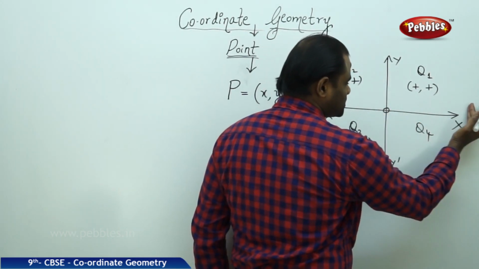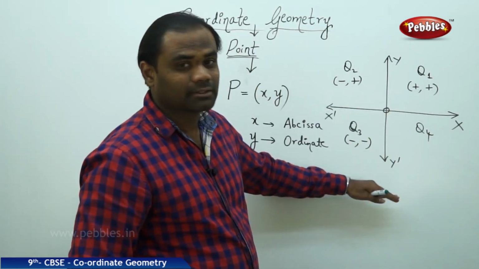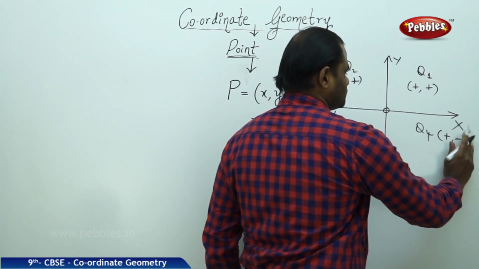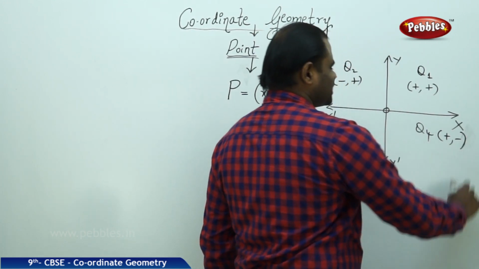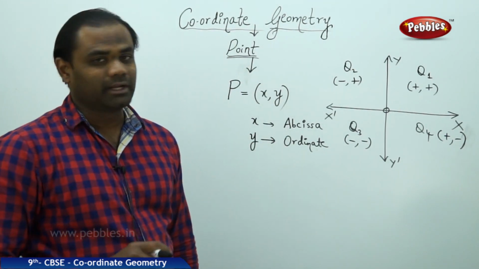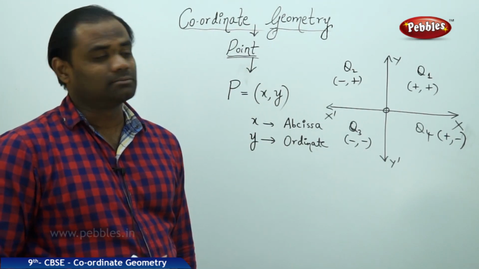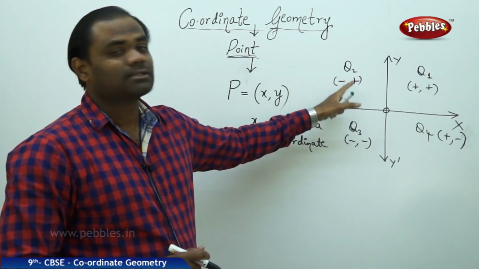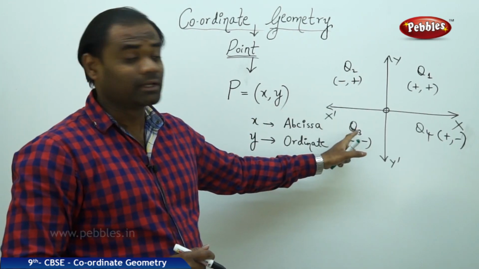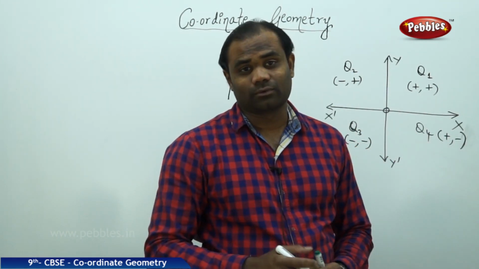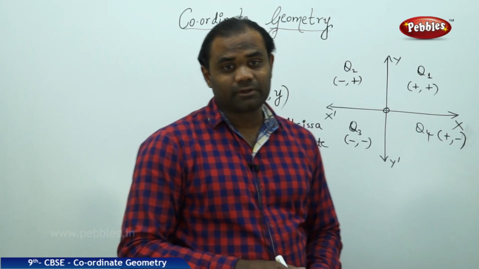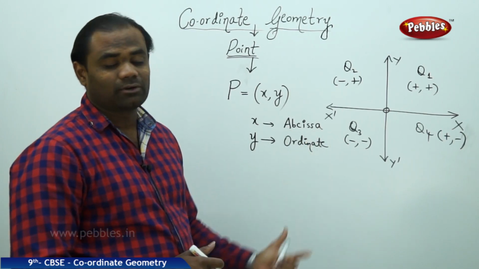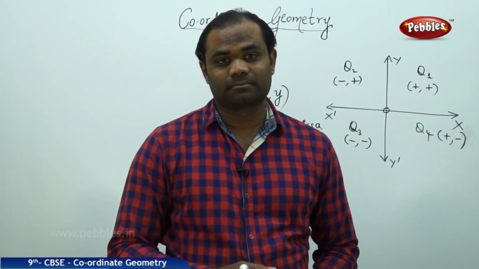In the fourth quadrant the abscissa is positive and the ordinate is negative. That is plus plus for Q1, minus plus for Q2, minus minus for Q3 and plus minus for Q4.